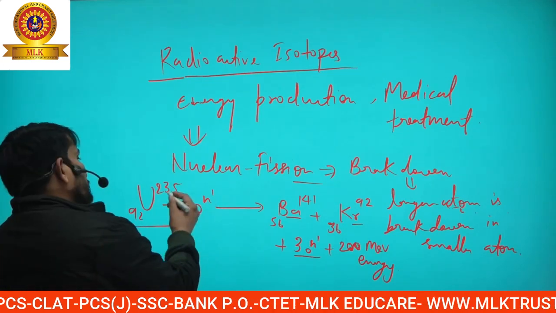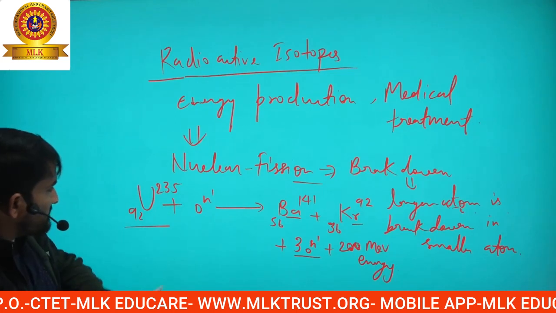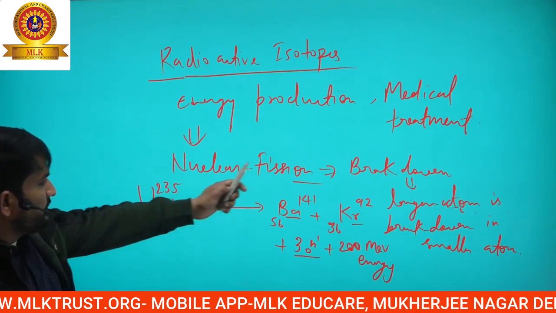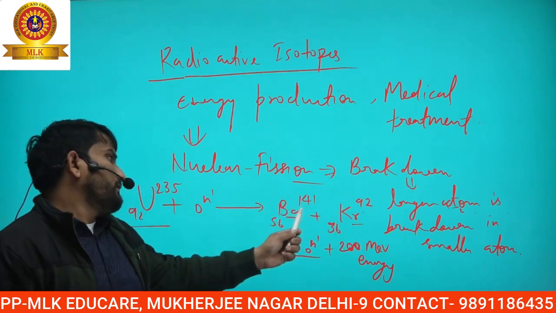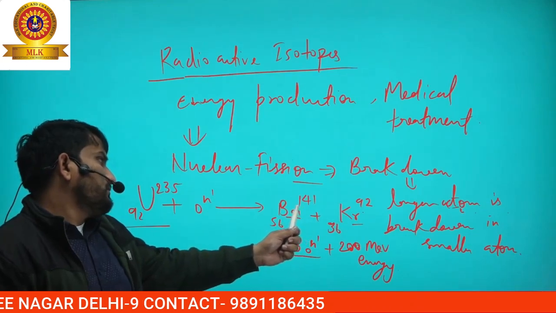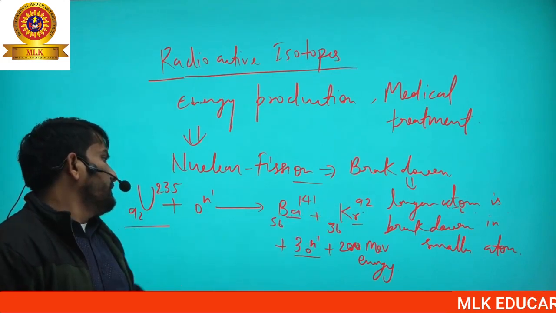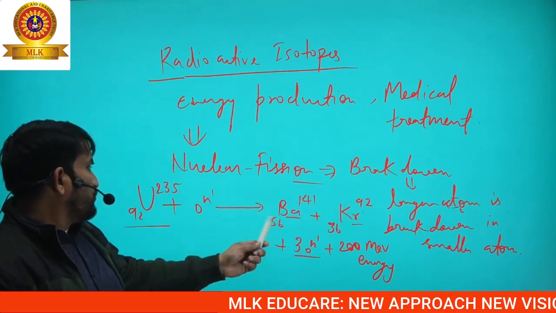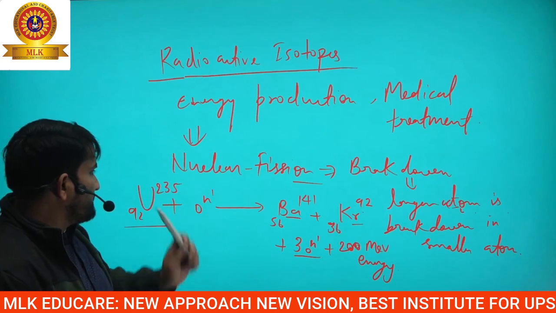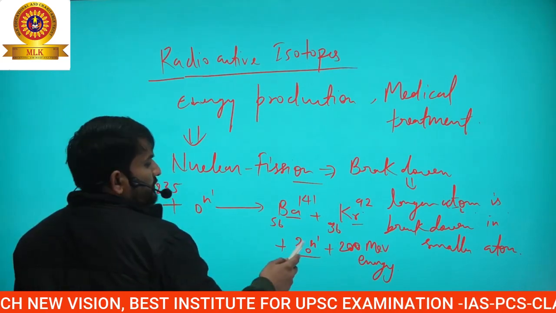दैट मीन्स अभी इसको आप इक्वल भी कर सकते हो बैलेंस देखने के लिए. 141 प्लस 92 is 233, and 3 neutrons, so 236. Here is 235 plus 1, 236.